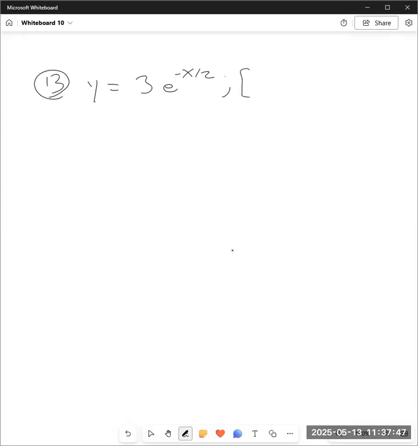They've given me the interval of 0 to 4 that I'm interested in for my x. And so my area is the integral from 0 to 4 of 3e to the negative x over 2 dx. I'm going to go ahead and pull that 3 out. It's not very helpful.